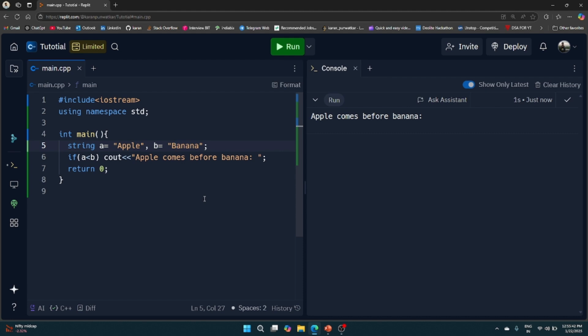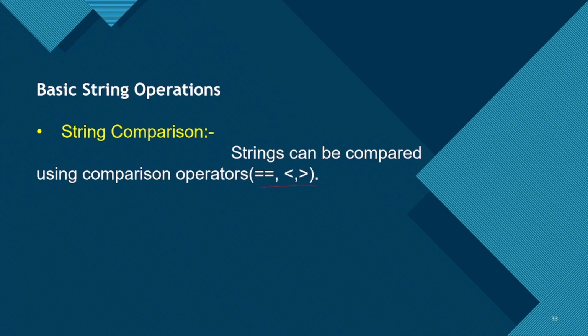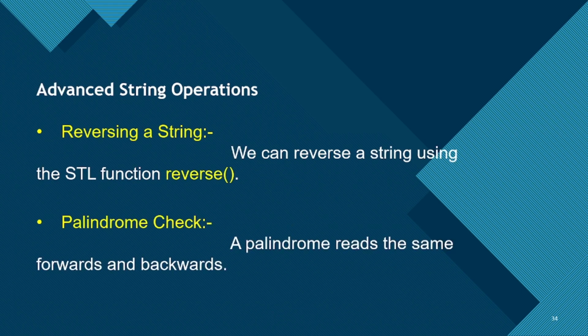So moving further to our next topic, advanced string operations. The first one is reversing a string. We can reverse a string using an STL, the standard template library, function, the reverse function. The next is palindrome check.